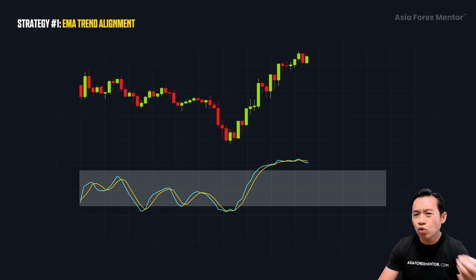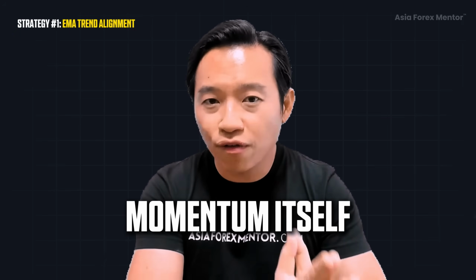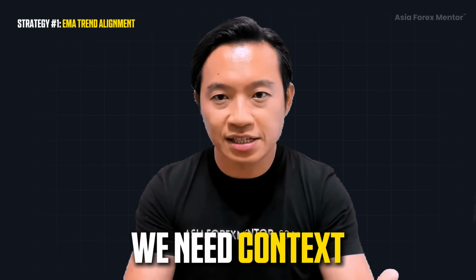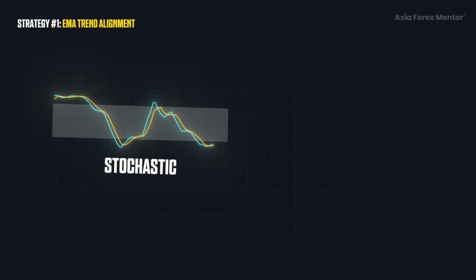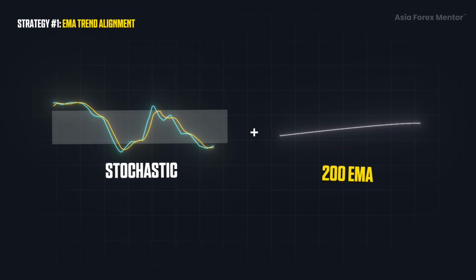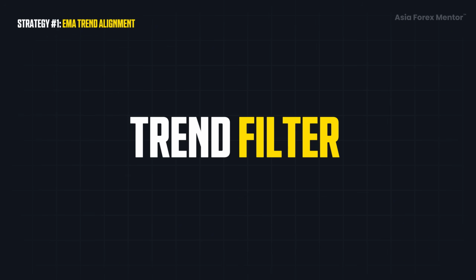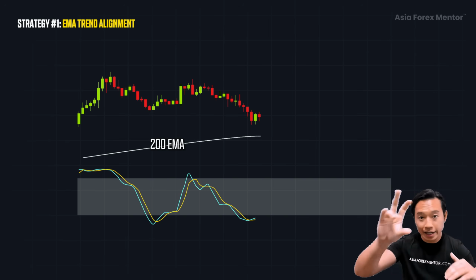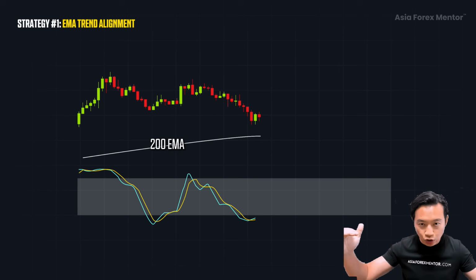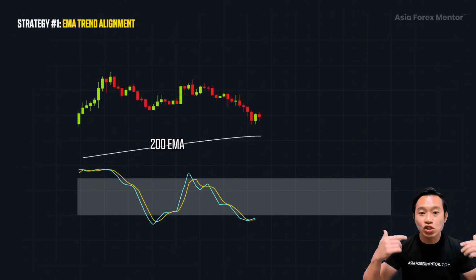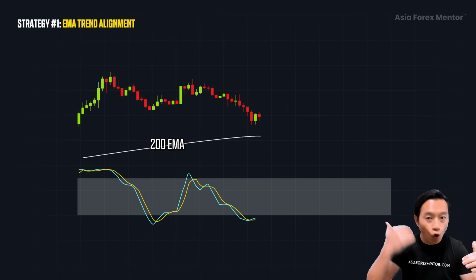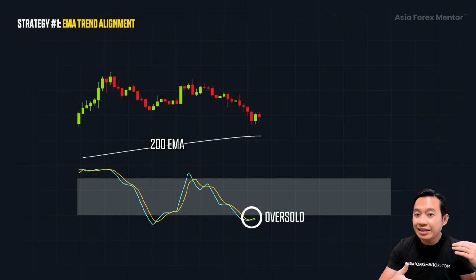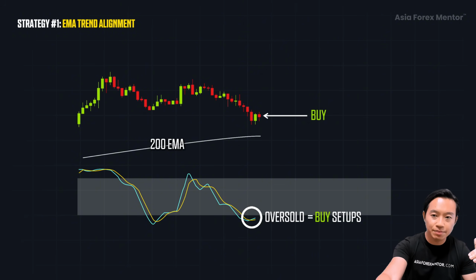The trend is your friend. Don't go against the trend just because the stochastic goes into an overbought zone. Momentum itself is not enough. We need context. That's why we pair the stochastic with the 200 EMA, which becomes a trend filter. If the price is above the 200 EMA and the stochastic is in the oversold zone, that's where we only look for buy setups.